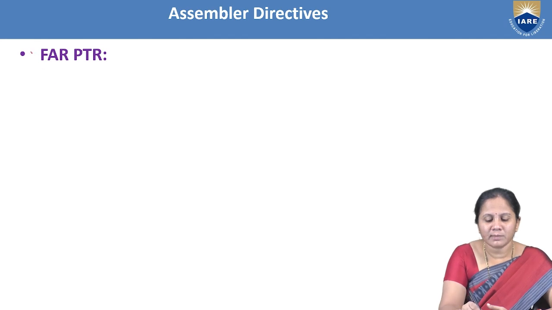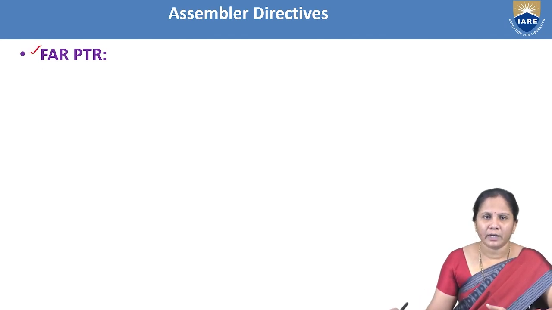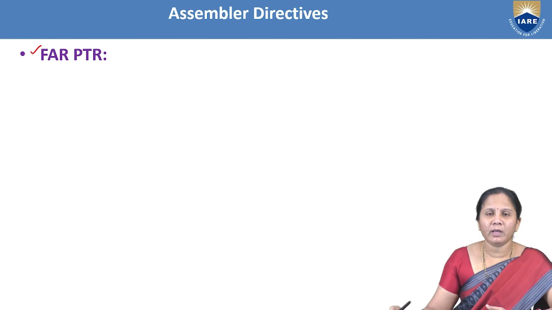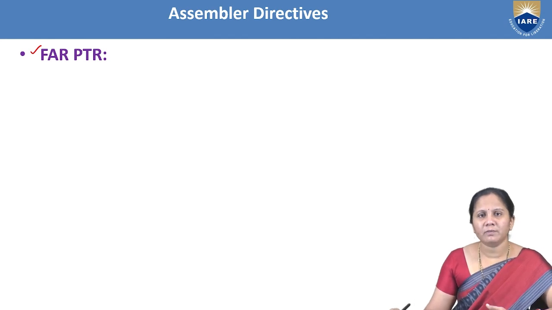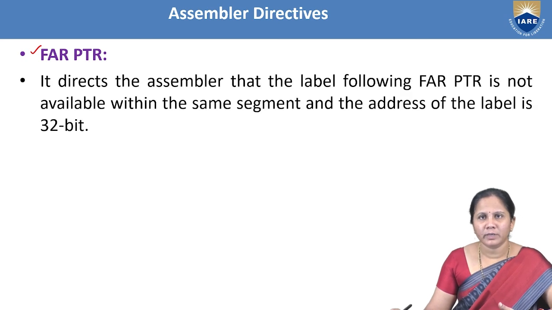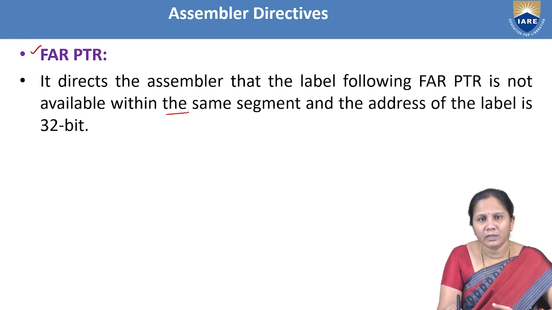And the next assembler directive is FAR PTR. We have seen far and near in the instructions also. Far means it is present outside the segment. This assembler directive indicates that it is not available within the segment; it is available outside the segment.